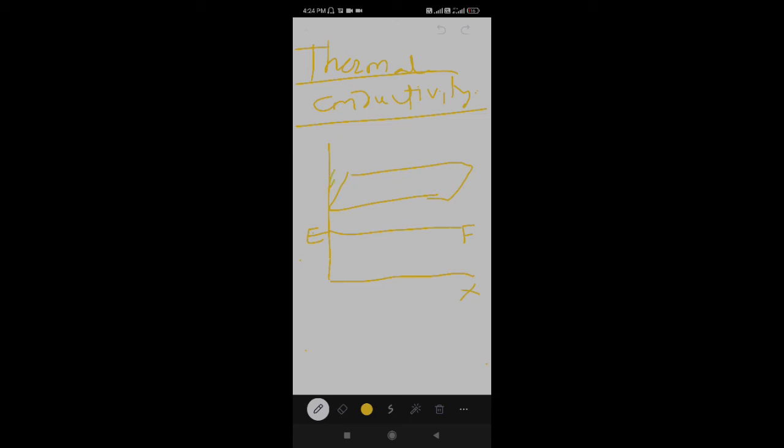Intermediate layer, upper layer. This is the y-axis. You know that in this direction what is increasing now? Temperature. Instead of velocity, temperature is increasing. See, again these layers are separated by a distance equal to the mean free path.